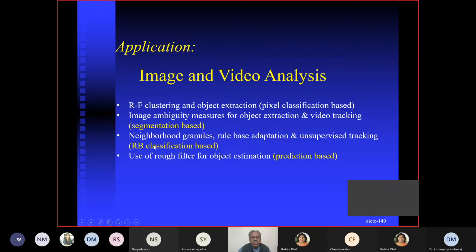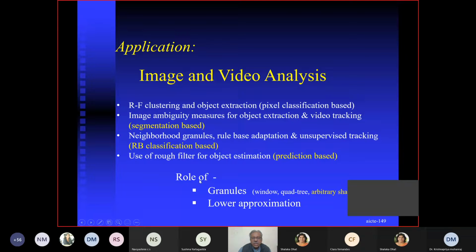Then I will say a rule based classification based method for unsupervised tracking, where I do not have any idea about the object tracking. It's challenging. Then I will go by the prediction based method when the objects are occluded, complete occlusion, complete overlapping. How do you identify them?